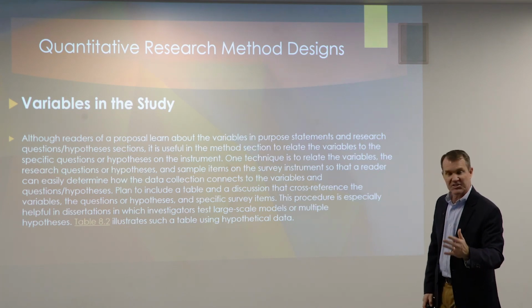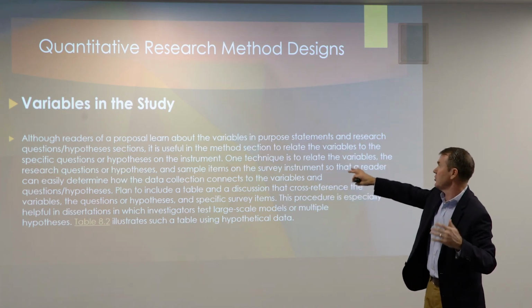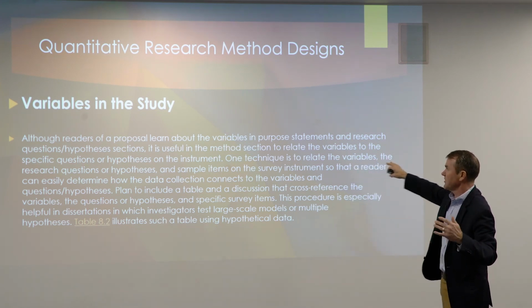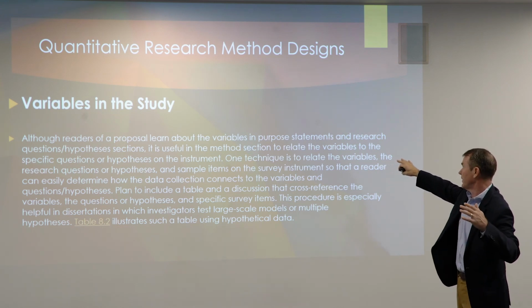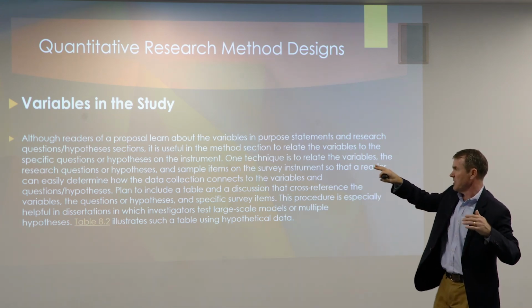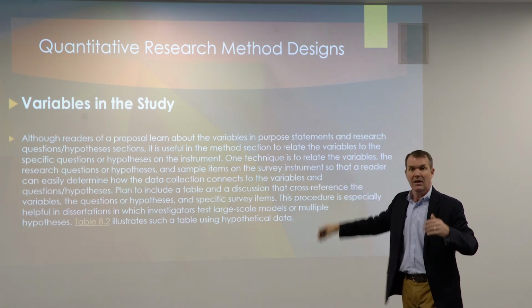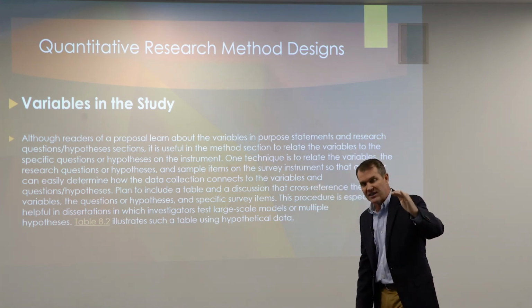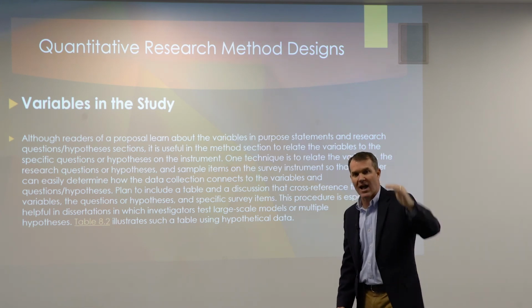The variables in the study, like we've already talked about in this video, although in the reader's proposal you learn about variables in the purpose statements and the research statements. It's useful in the methods section to relate the variables to the specific questions and the hypothesis on the instrument. In other words, how does the instrument answer your research questions or your hypothesis?